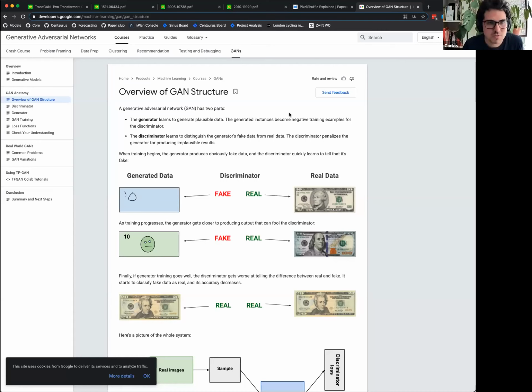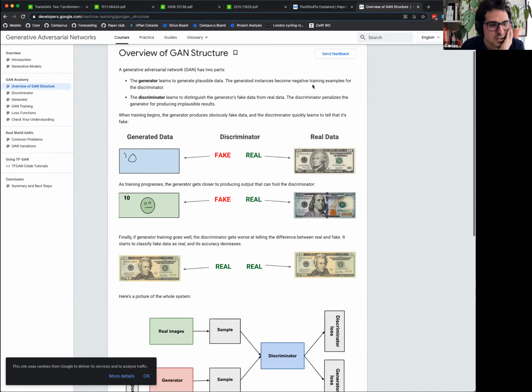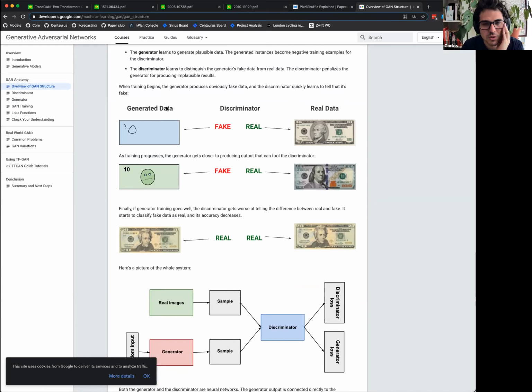Just because we haven't really done GANs very much, I figured we can do a brief overview of what a GAN is and how GANs are trained. The overall structure of a GAN is that you have two networks. One is called the generator and the other is the discriminator. There are two learning objectives that happen simultaneously.